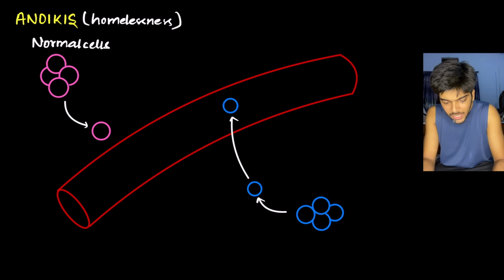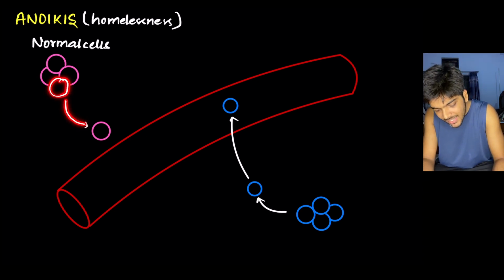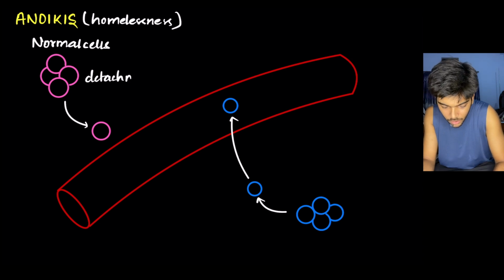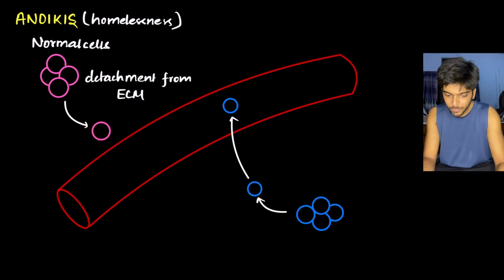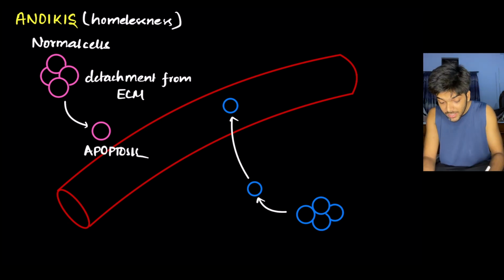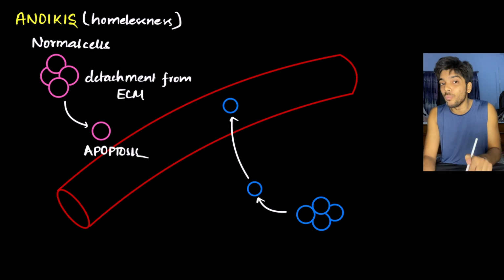Out of these normal cells, this cell detaches. So there is detachment of that cell from extracellular matrix, or the cell is no longer in its natural habitat. As a result, it dies of apoptosis. So this is anoikis. Anoikis is the apoptosis of that cell which is no longer in its natural environment, in its home, in its natural habitat.